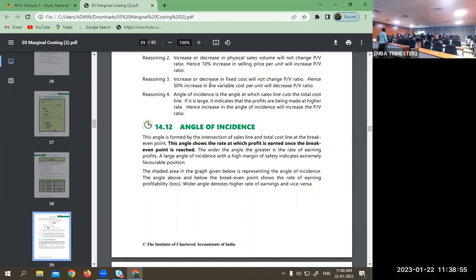For example, in the first module we have one 5 mark and one 10 mark question. Possibilities for 5 markers: objectives of accounting, need for IFRS, difference between accounting types and branches of accounting, which is very important, and users of accounting information.